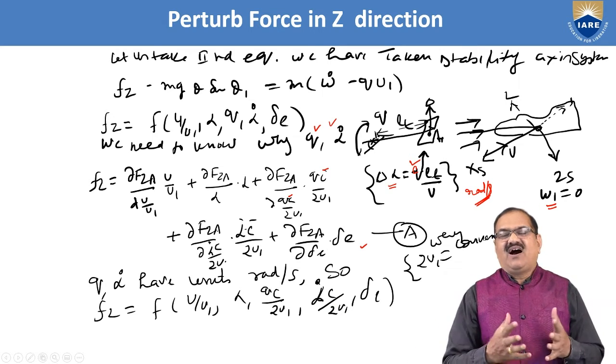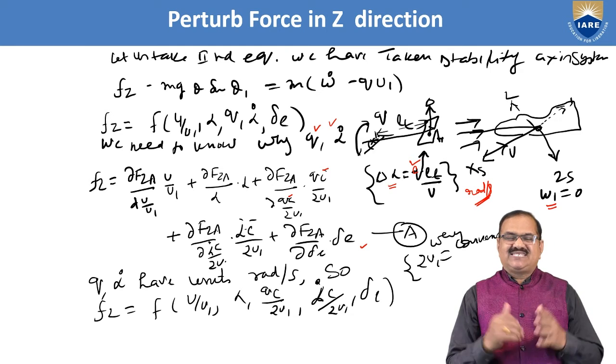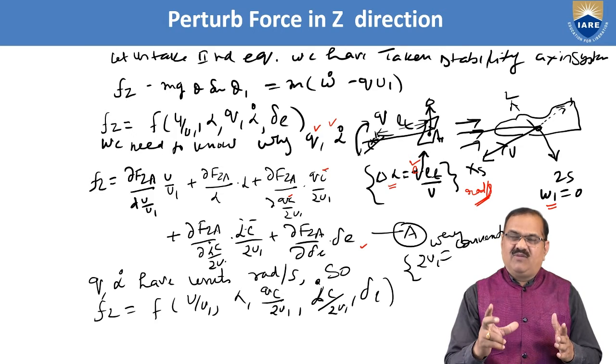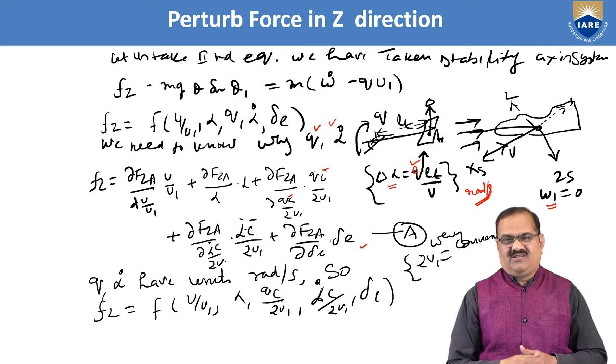Why do we take all the quantities in the non-dimensional form? Because we are testing a small model in a wind tunnel, and the result of that small model has to be matched with a bigger model.